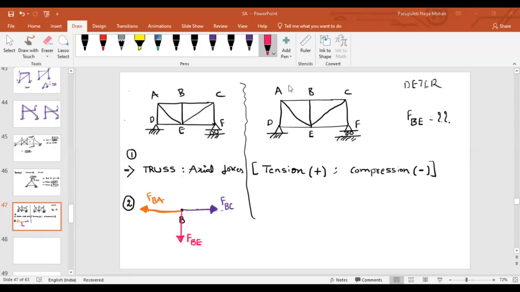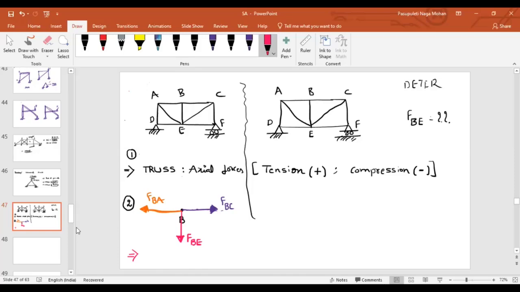Now, as I am talking about the equilibrium at a joint, if it is to be stable, obviously it has to satisfy the equilibrium equations.